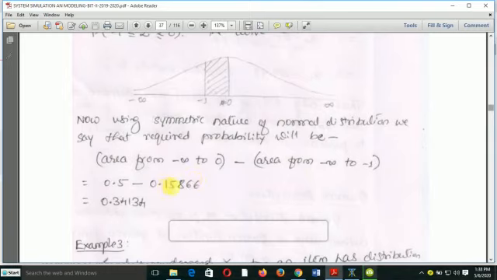We checked in the previous example, and we find that the probability is 0.34134, which is about 34% of the full probability.